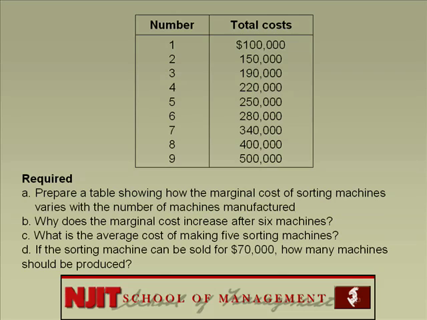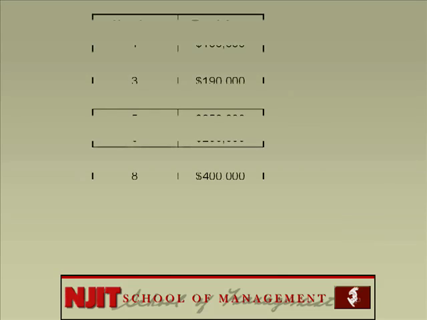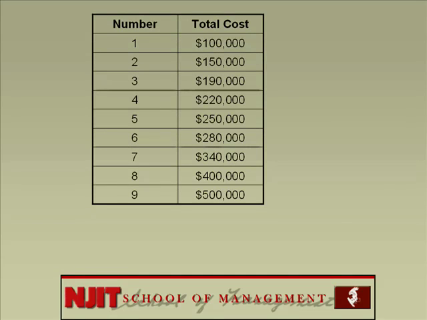Let's do part A. Let's do a table showing marginal cost. It'll look like this. That's the total cost. For 1, it's 100,000, 2, 150, 3, 190.